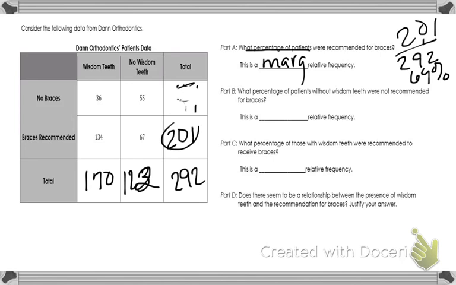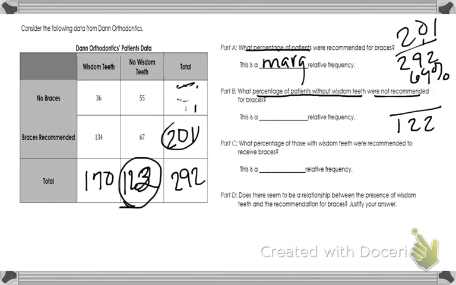What percent of patients without wisdom teeth? There's a condition here. It's not of patients, it's of patients without wisdom teeth. So here are patients without wisdom teeth. There are 122 of them. And then it says not recommended.